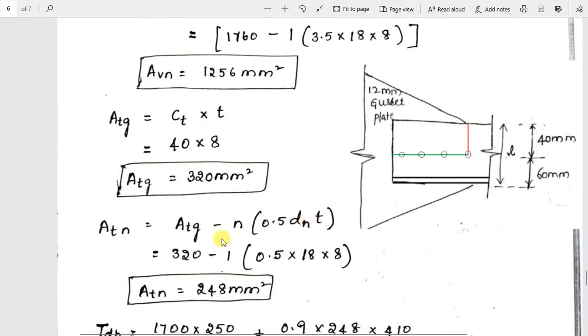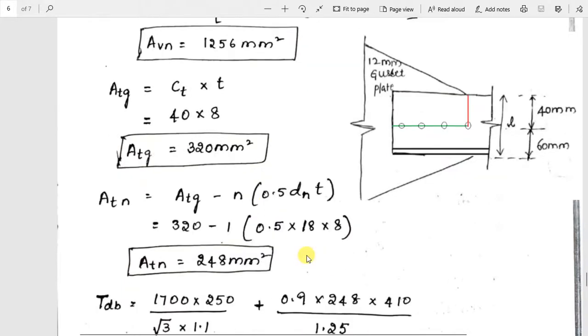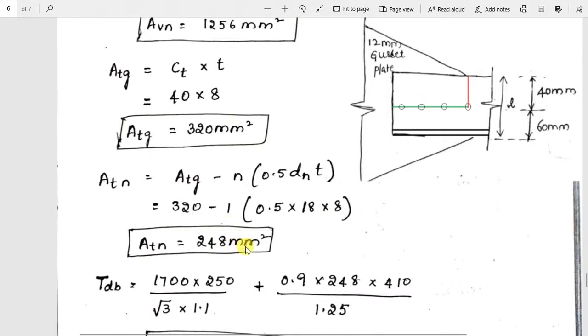DH into T. So ATG is 320 minus N. How many tension planes are there? Only one. So N is 1. And what is this 0.5? See, the number of bolt holes along this tension plane. Only half a bolt hole is participating, so 0.5 into DH is 18, T is 8. So ATN will be 248 mm square.